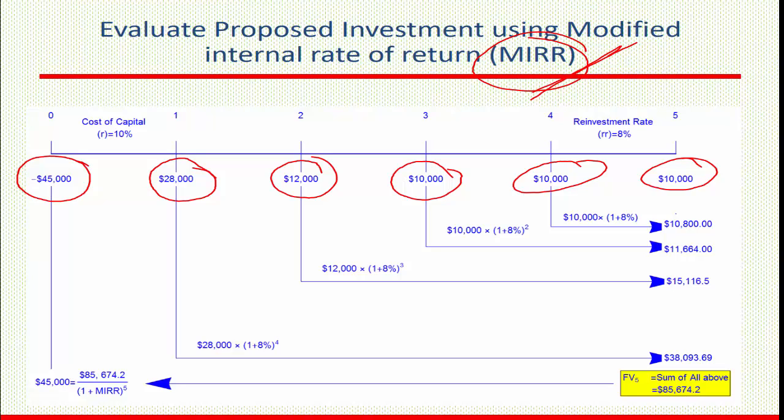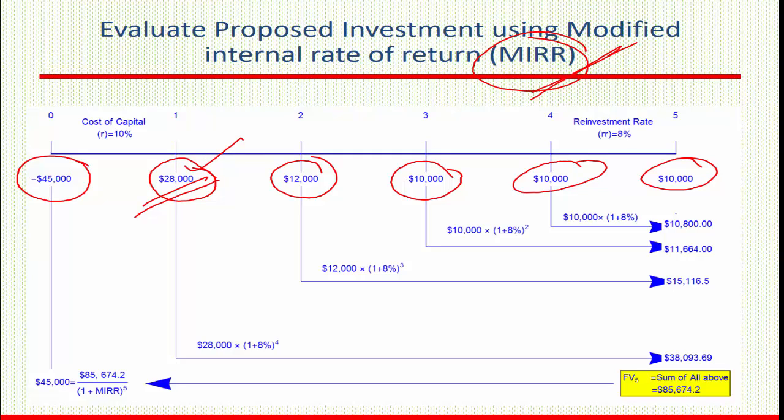After you get the first year cash flow, you should be able to invest that. Now we have to make some assumption. You borrowed the capital at 10% to finance the project, and after a year you were able to get 28,000, and you should be able to invest that.